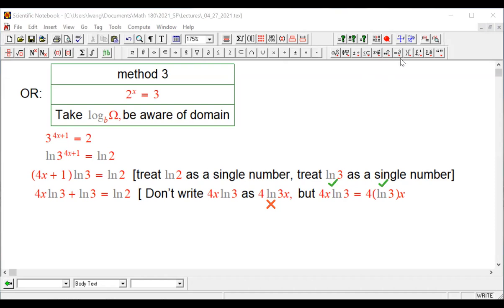Or even the other form, or even 4 times ln 3 parentheses x. All 3 forms are okay. Which one do you like? Which one do you think is simpler?